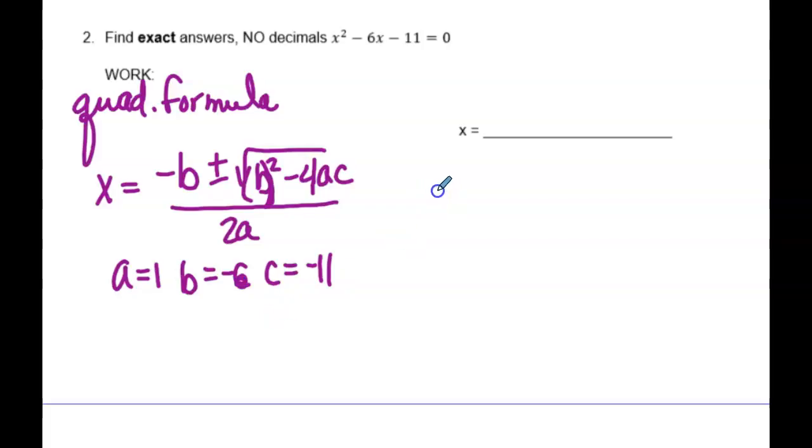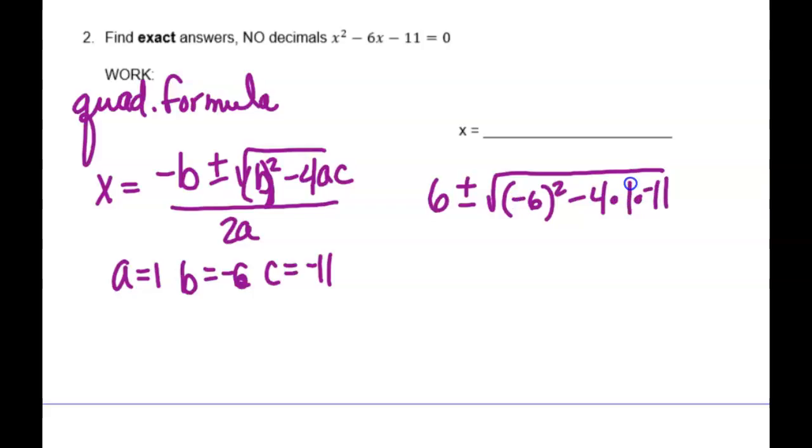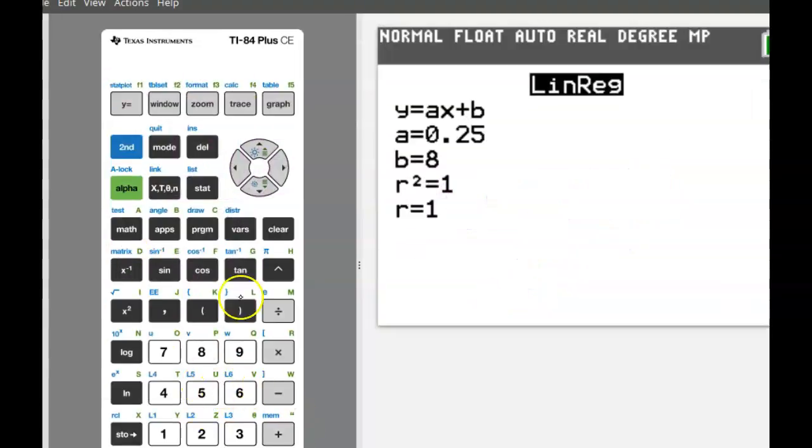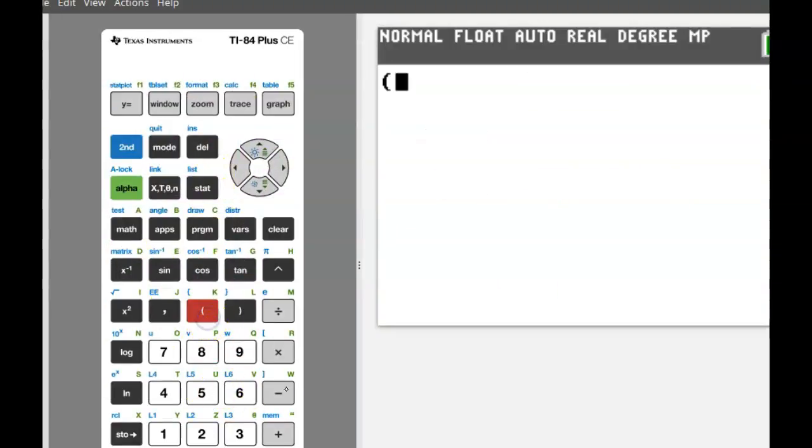Okay, opposite of -6 will be 6 plus or minus the square root of -6 squared minus 4 times A, which is 1 times -11, all over 2 times 1. Now you need to type this exactly as it's written, not in the radical though.